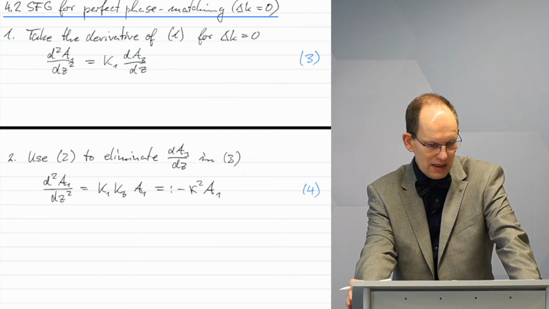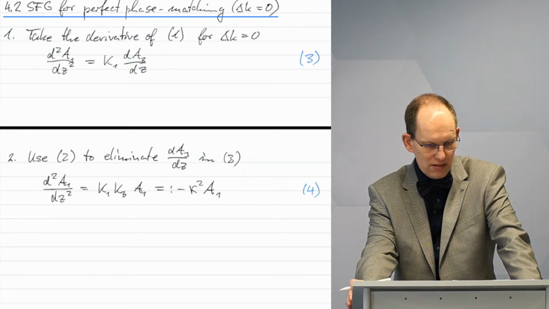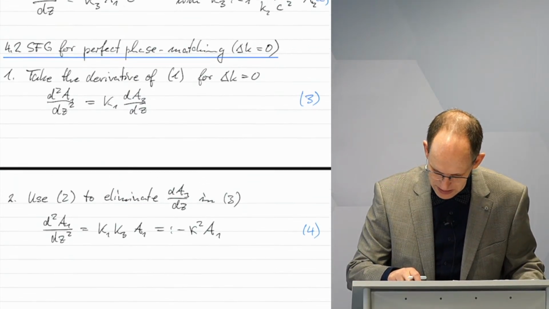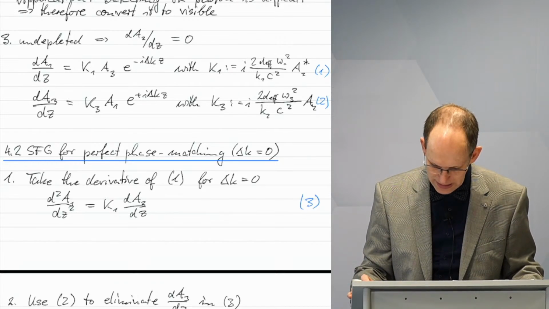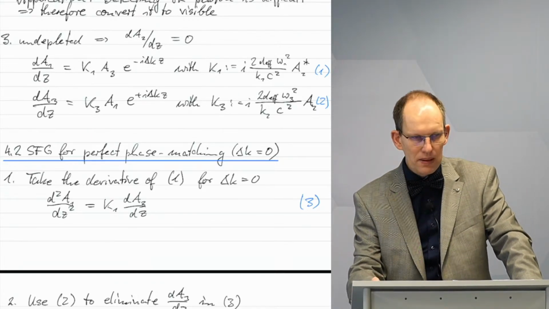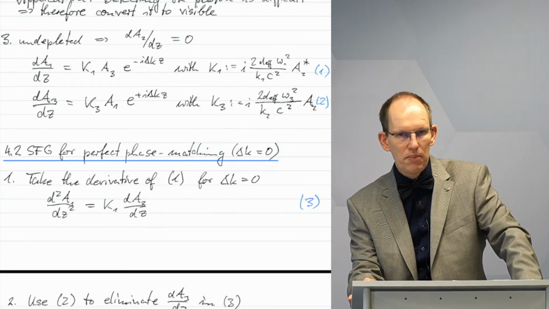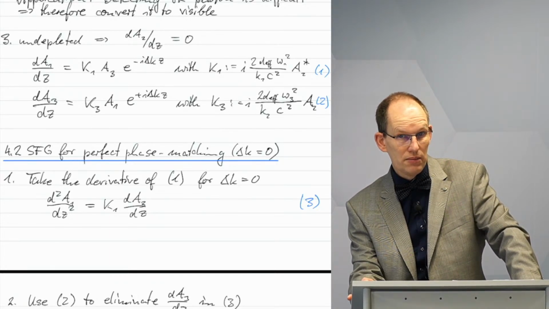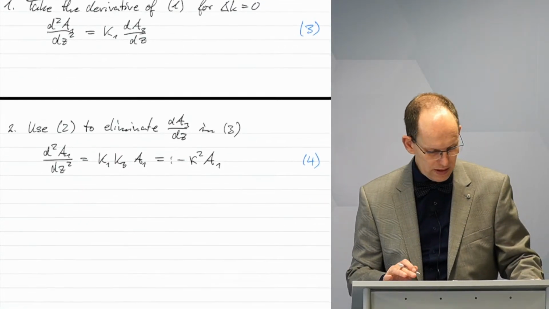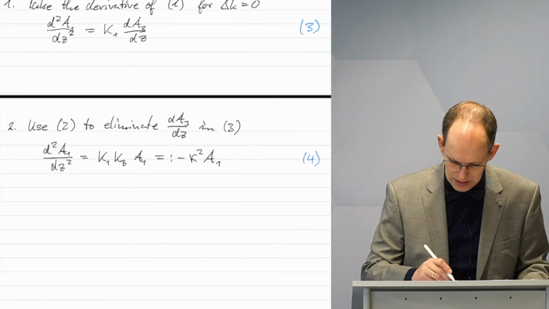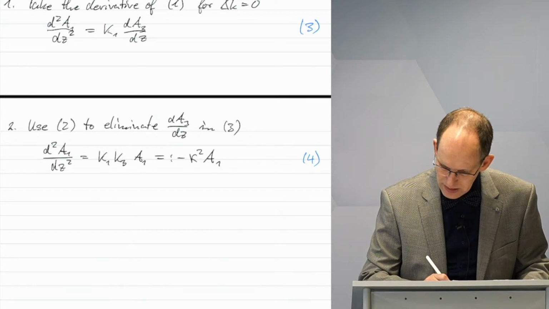And it's not straightforward to say that kappa squared is positive because you see K1 and K3, which make up kappa squared, are complex numbers. So we better check out whether this is really positive kappa.